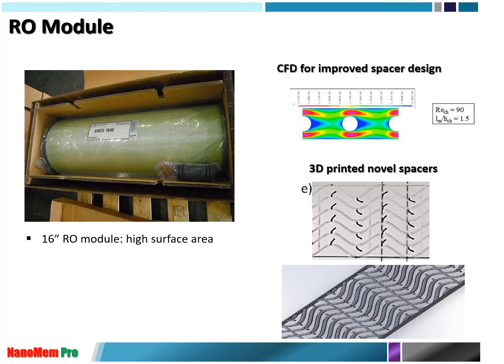Also, we can improve the module. We have 8-inch by 40-inch, which is the most typical commercially available RO module. But nowadays, people make a bigger size, a 16-inch RO module, with high surface area. This kind of module can produce better water flux and a more compact overall membrane module.